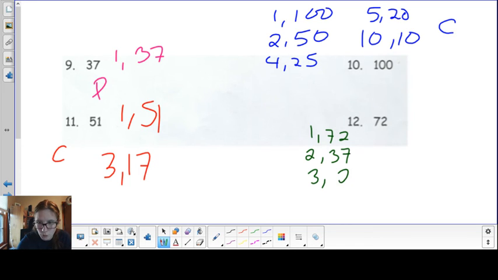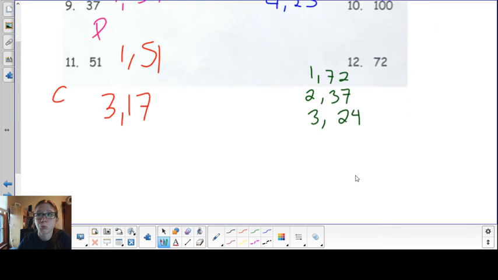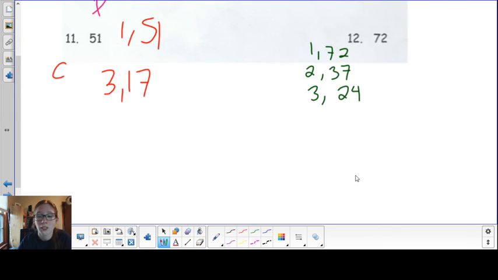So 3 and 24. 5, no, but 6 does. 7, no. 8. And then I'm back. So he's also a composite.